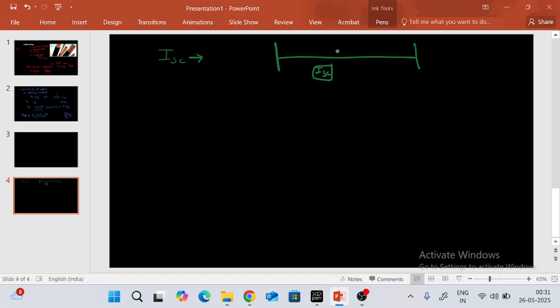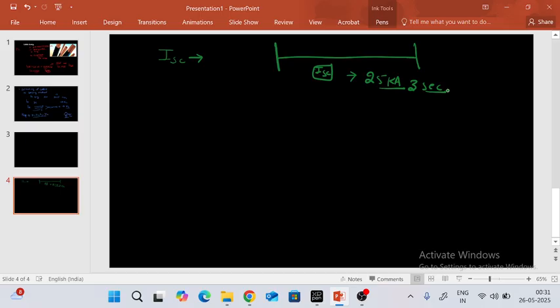For example, my system short circuit is 25 kilo ampere for 3 seconds. For smooth and reliable operation, whatever power cable I am using to connect these two buses should be able to withstand this 25 kilo ampere for 3 seconds.